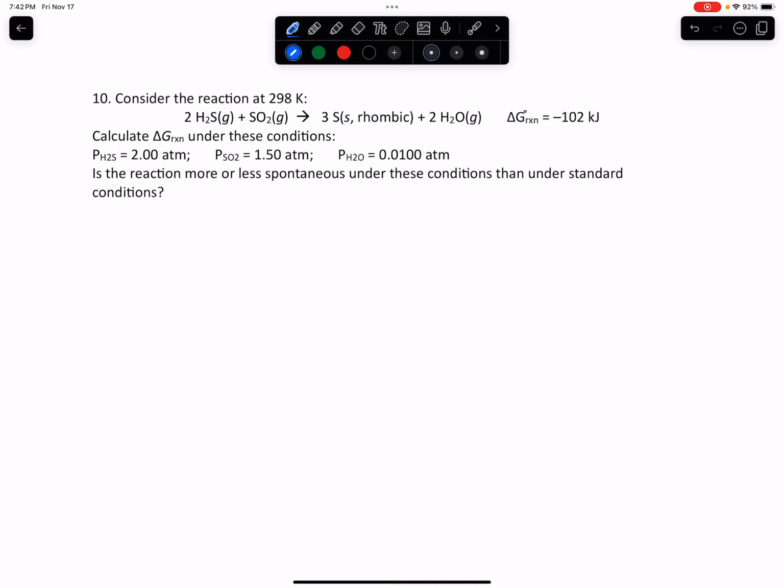Let's go ahead and compute this. For this reaction, we need this equation: delta G of the reaction is equal to delta G naught of the reaction plus RT ln Q, where Q is the reaction quotient.